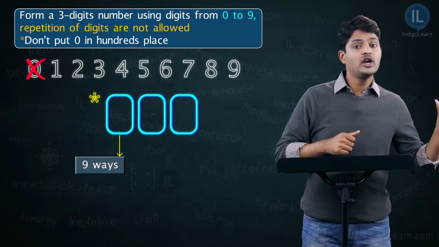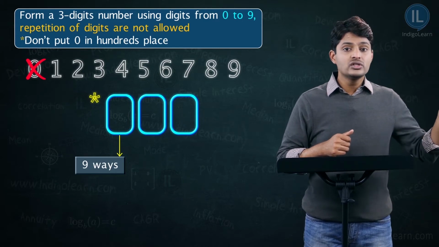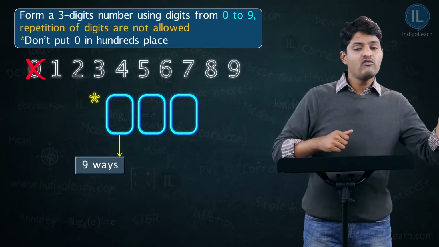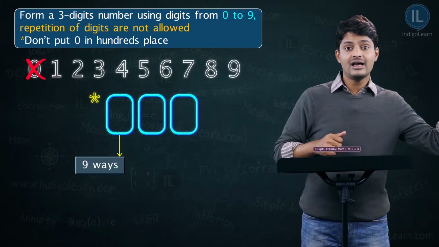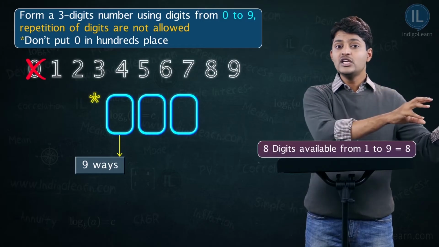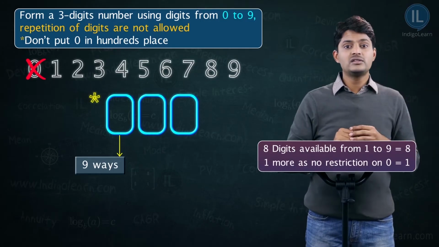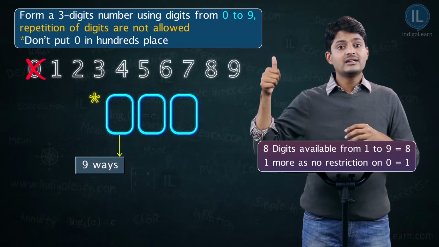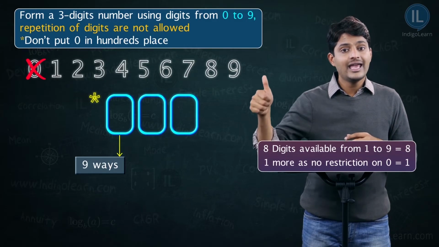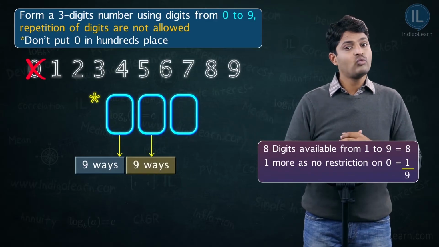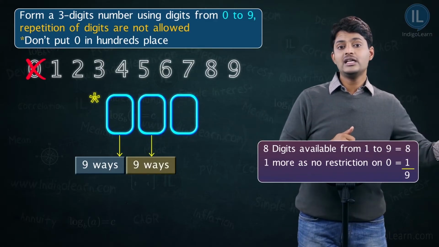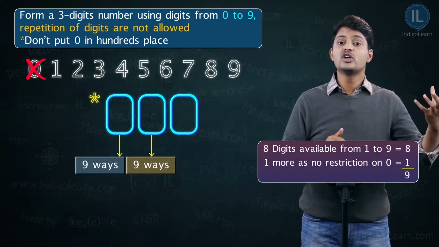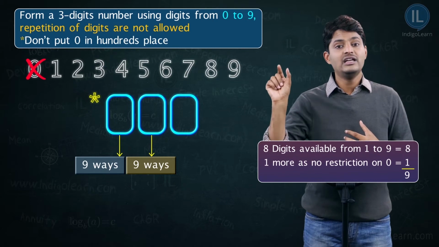So remember, from 1 to 9, you have already used any one number to fill your hundreds position, correct? So out of 1 to 9, you have 8 numbers available with you, and the 0 also gets added to this bucket. So the total number of options that you have now to fill the tens position is 9 different options, right? Why again 9 came? Because in addition to these 8 different numbers, you also have 0 which got added to your choice. So this becomes 9 different ways.